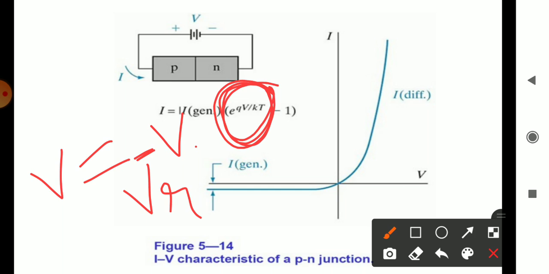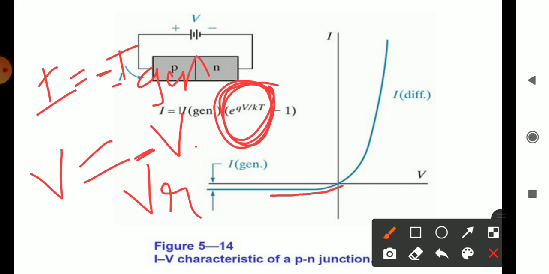If we neglect this part, the remaining part will be I equals minus I generation. So at reverse bias, as we increase the voltage, the current will be flowing in the negative direction.